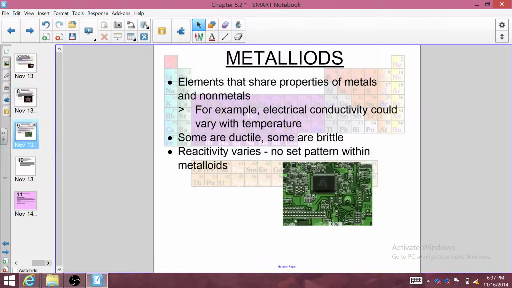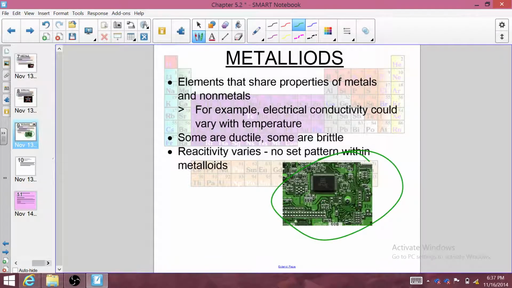And finally, we have metalloids, and metalloids are the weirdos of the periodic table because they're elements that share properties of both metals and nonmetals. For example, silicon is an element that is a metalloid, and it's used in circuit boards. And the reason it's used in circuit boards is because it's pretty lightweight, and it's a very good conductor of electricity, which means that it has properties of a metal.